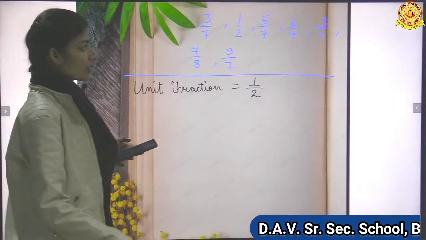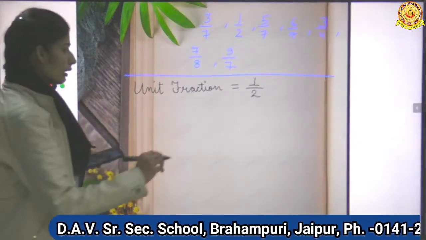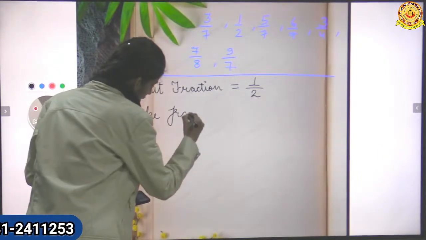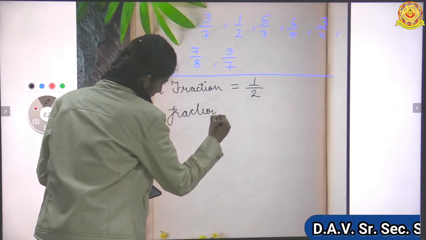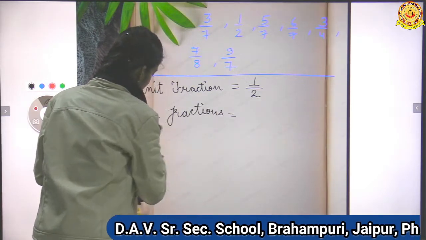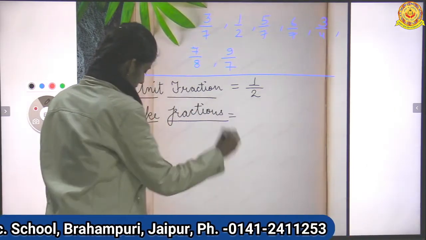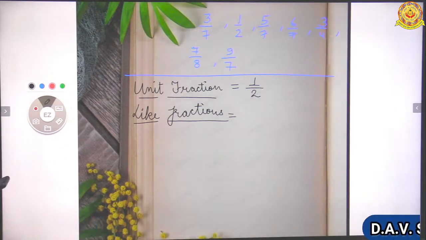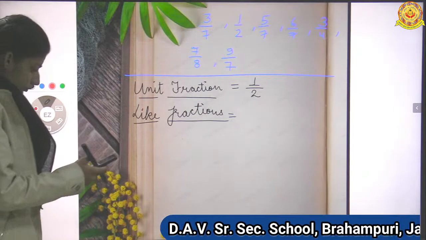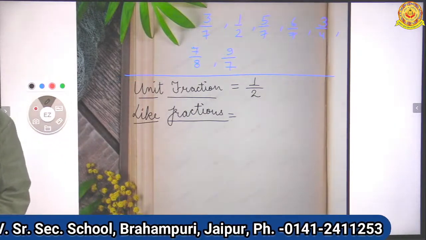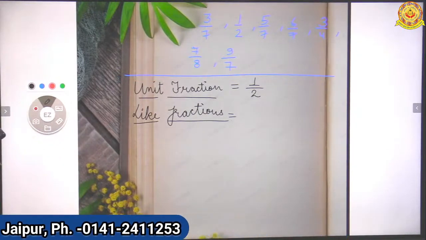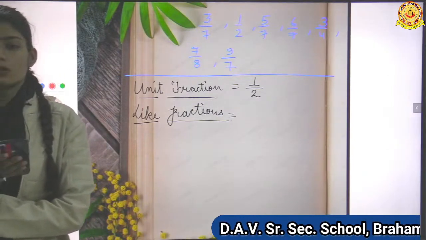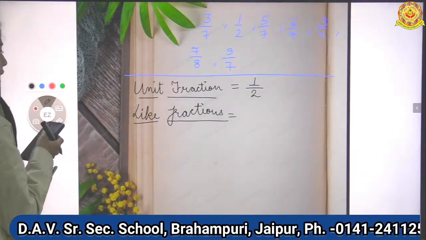After unit fraction, we have like fractions. Now tell me, among all these, which ones are like fractions?